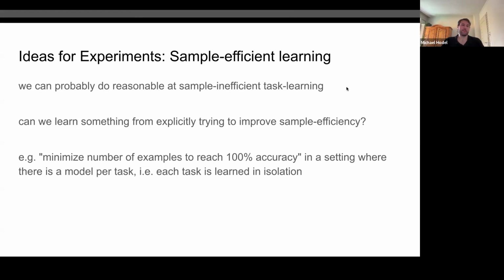But that's kind of an issue, right? People always complain, oh, deep learning is sample inefficient and so on. What about explicitly optimizing for using fewer samples? We can ask, how few samples do I need to reach a certain performance? Or what's the best performance I get from only using 1,000 or 10,000 or 100 examples?